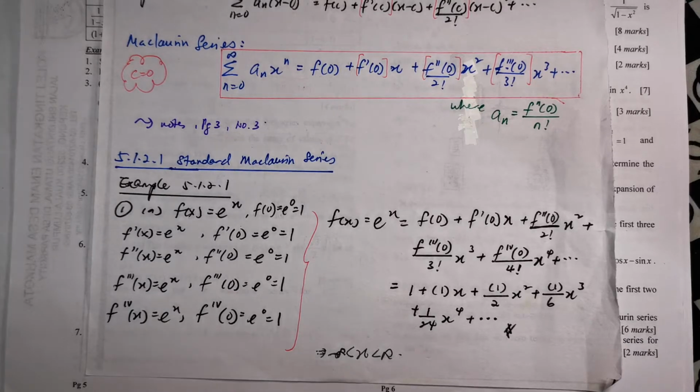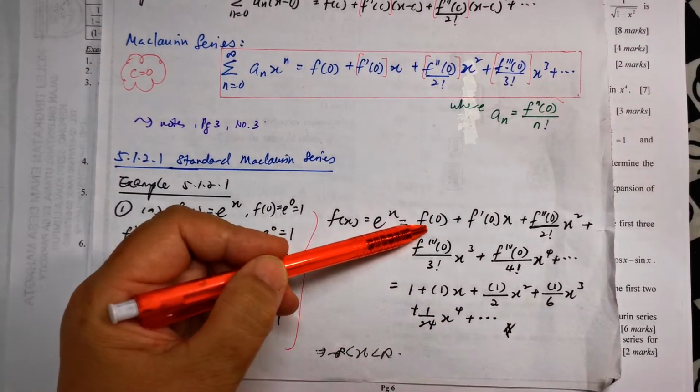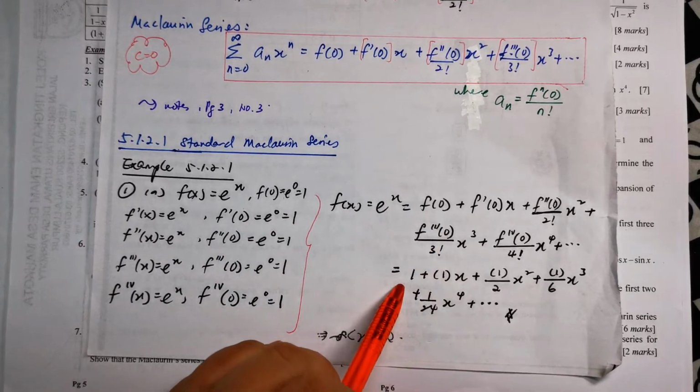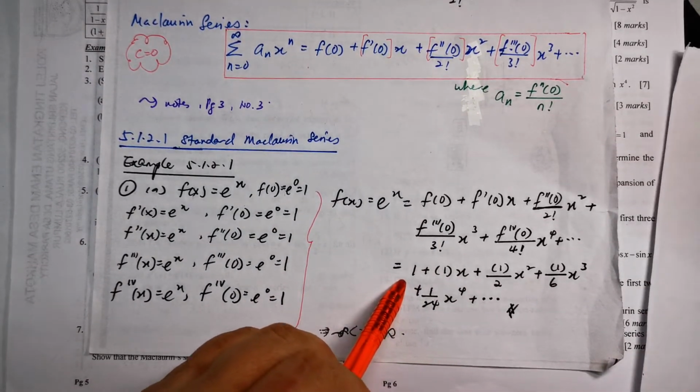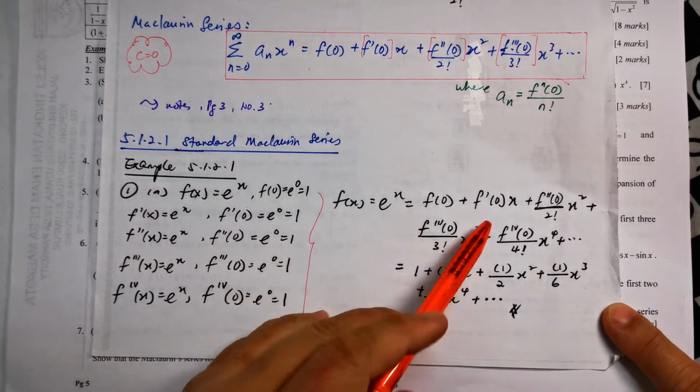Later when we discuss STPM questions, then you will see. So I copy Maclaurin's theorem, then I substitute. Just now I already calculated f(0) is 1, so 1. F prime(0) also 1, so 1x.